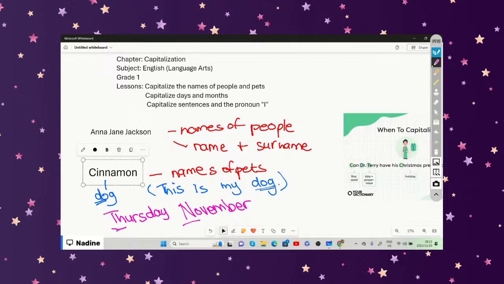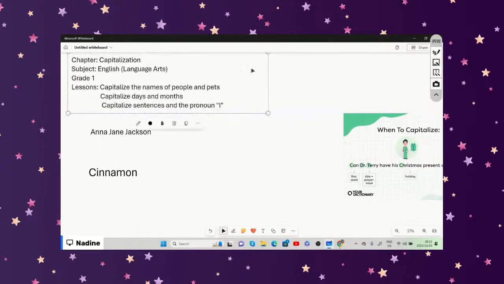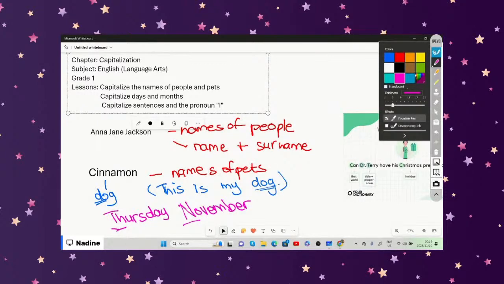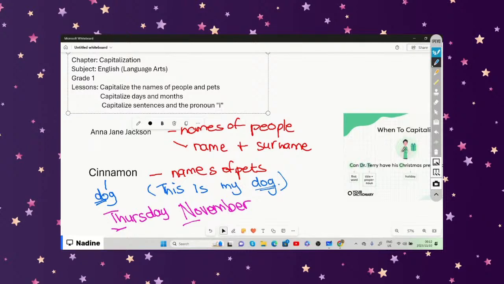And then we also need to capitalize sentences and the pronoun I. For example, let's say I am 10 years old, or I am, how old are you?